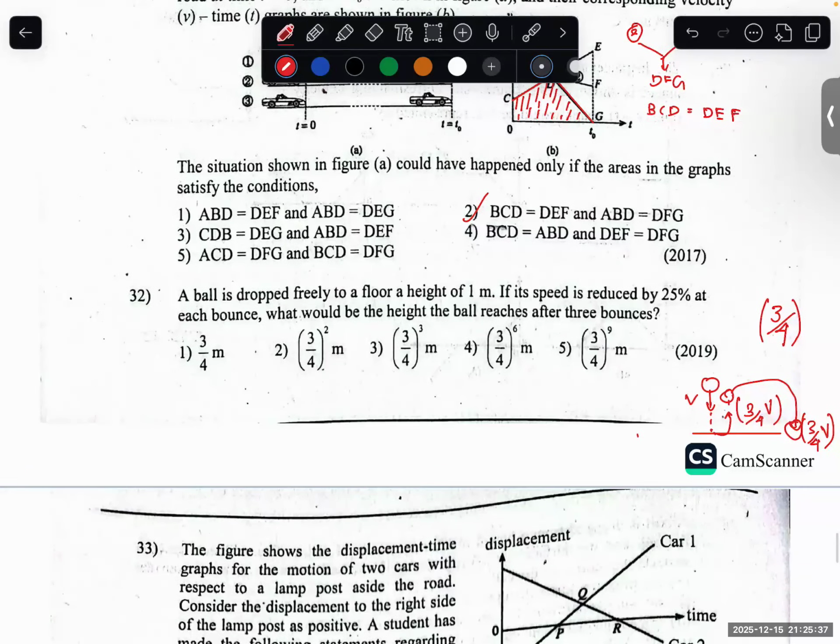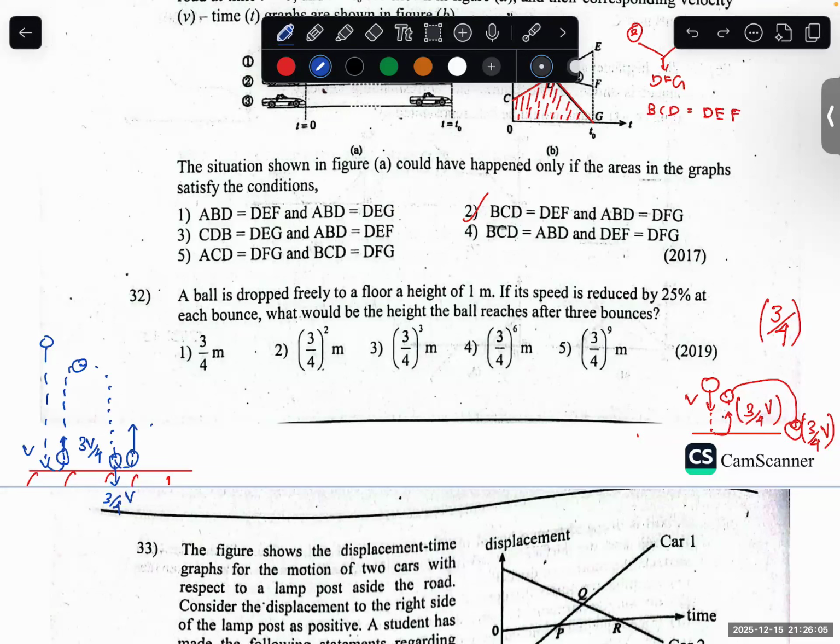Yes. I'll show you step by step. So now it starts here. It hits the ground with V. What will it return with? 3V by 4. And then it will go up, come to rest. And then again it will hit the ground with 3 by 4 V. And then again when it comes up, it's 3/4 of 3 by 4.